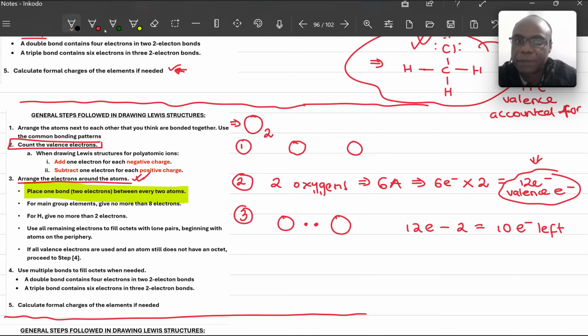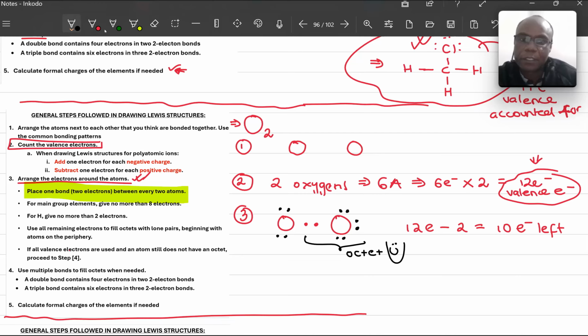Those 10 will be evenly given to the oxygens because we remember this oxygen needs an octet. So 1, 2, 3, 4, 5. Those are 10 electrons. There I'll put 2 on one of them. So now I see that this one is surrounded by 8 electrons. He has an octet and is very, very happy.